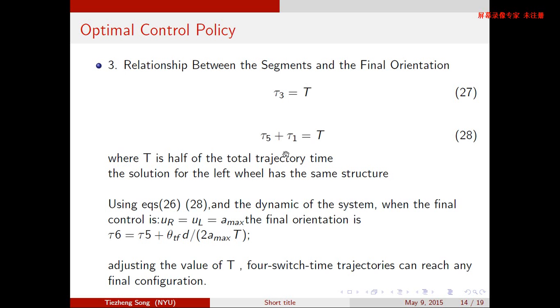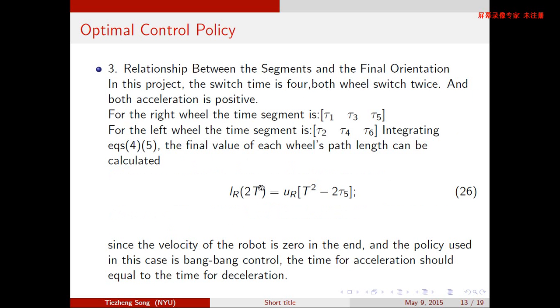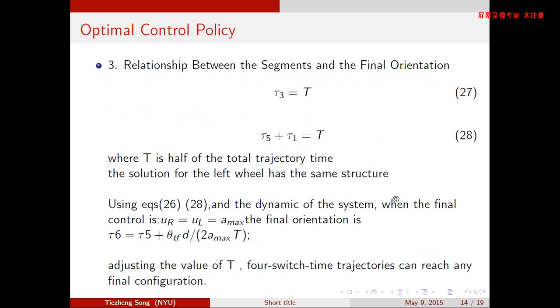Using the equations from 26 to 28 together with the dynamics of the system, we can get the relationship between the final orientation and the time segments.